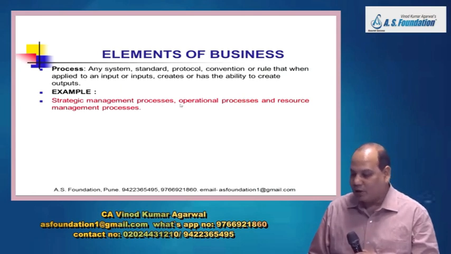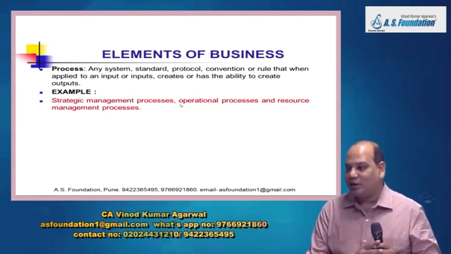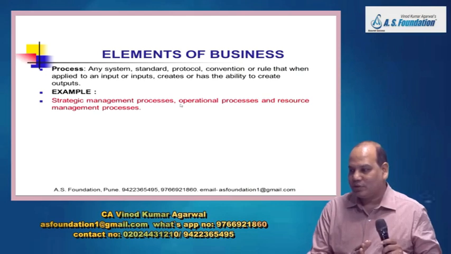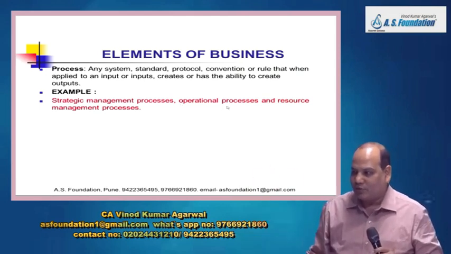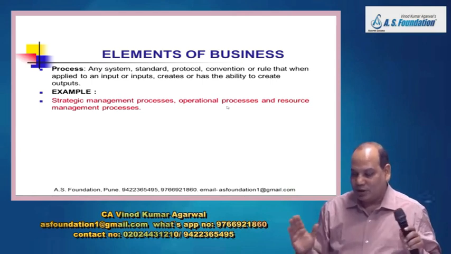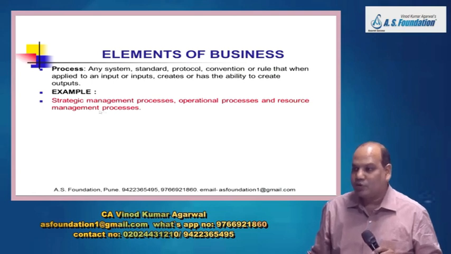When you visit a factory, you see so many activities going on. On one end there is an input they are putting in, the starting point, and when you go to the other end of the factory, you'll find one output emerging. In between, you have a lot of processes happening. That is the operational process. And it may also include resource management process.